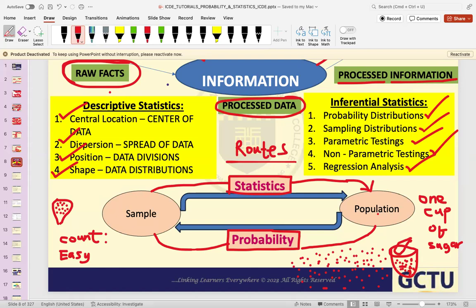That is how a population is treated. A population is very difficult to count.